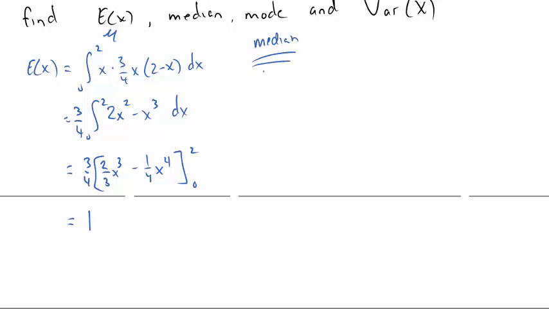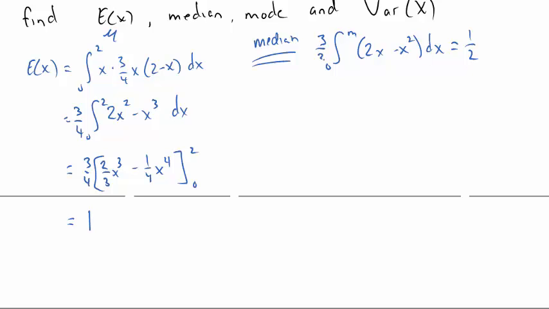The median is going to be when we take this function and integrate it from 0 to some number that is going to be the median value, when this equals 1/2, when half of the distribution is located beneath it.